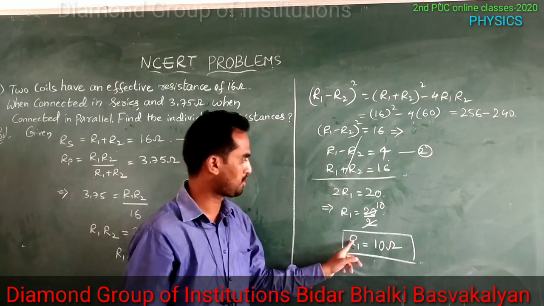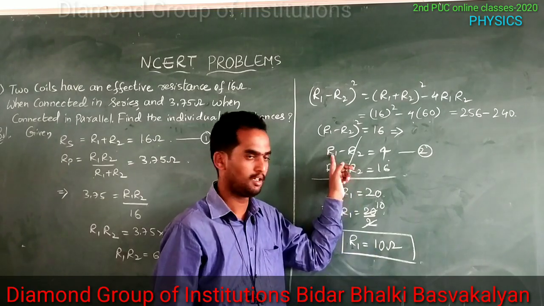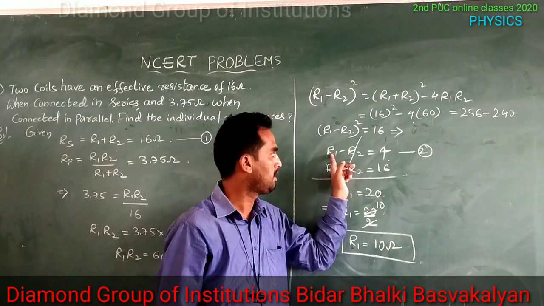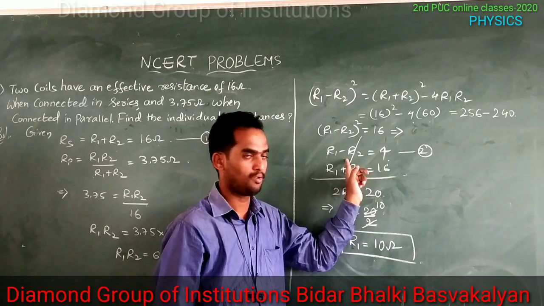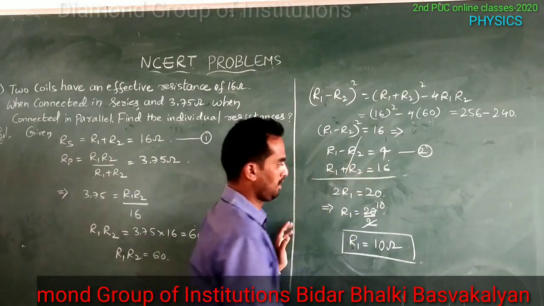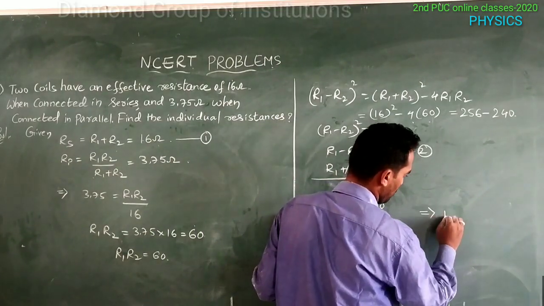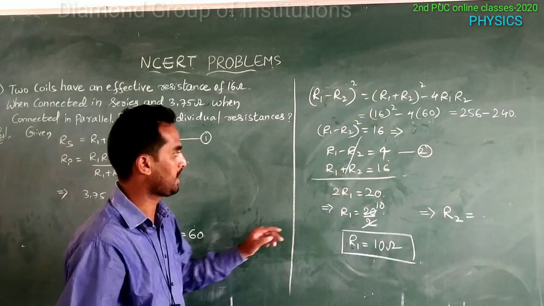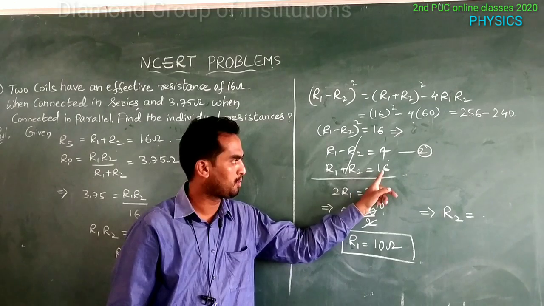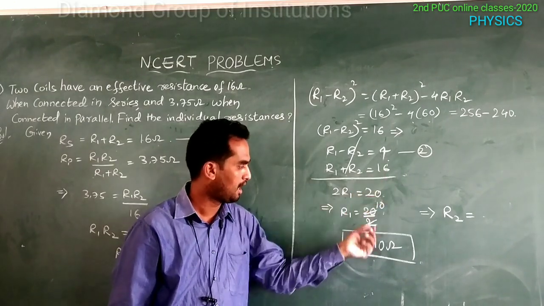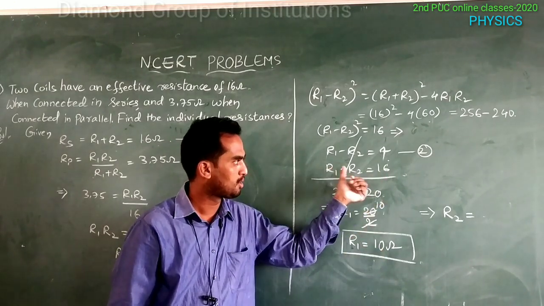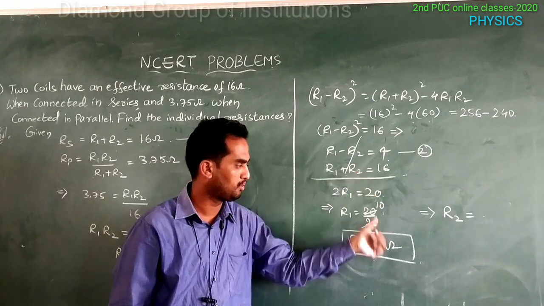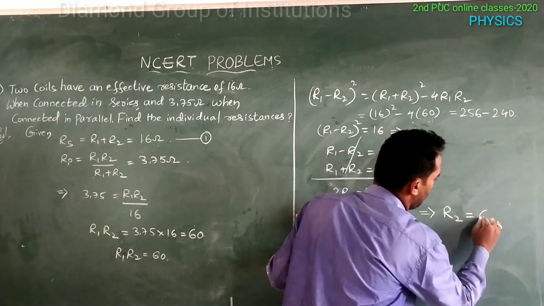If you substitute R1 value here, that is 10, 10 minus 4, it becomes 6. R2 equal to, see once again, R1 plus R2 equal to 16. In that, R1 value is 10. So what will be the value of R2? That will be 6 ohm.